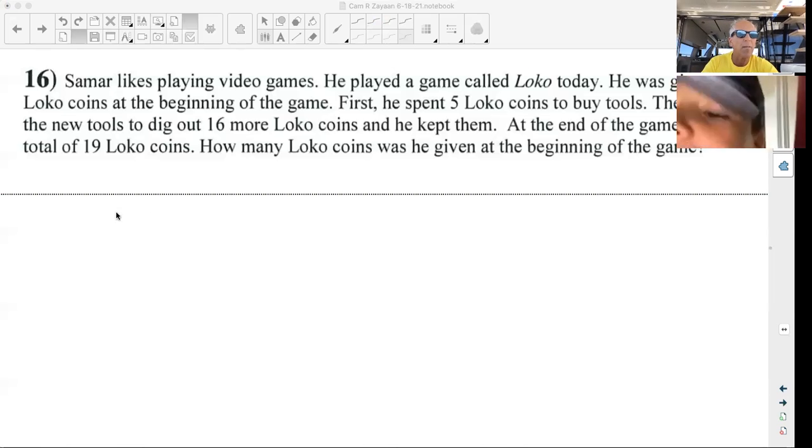So tell me what you're thinking. I'm thinking that can't be right, because 5 plus 4 plus 16 doesn't equal 19. So I'm trying to figure out what 5 plus something equals 16.